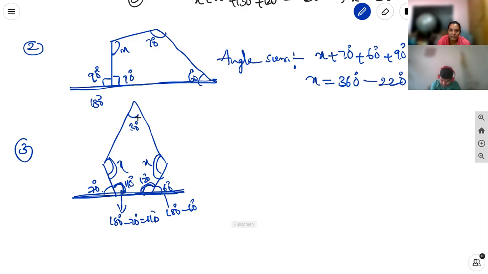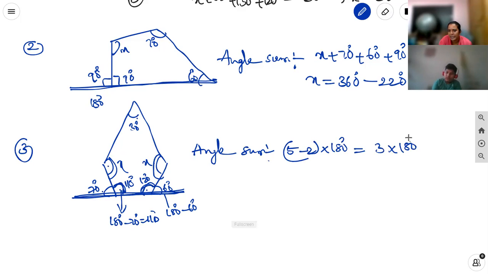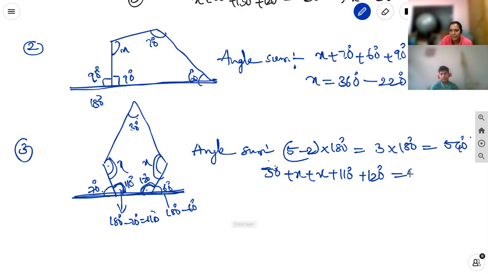Here how many sides are there? 1, 2, 3, 4, 5. Five sides. So what is the angle sum property? For 5 sides, it is 5 minus 2 times 180, which is 3 times 180, equal to 540 degrees. So 30 degrees plus x plus x plus 110 degrees plus 120 degrees equals 540 degrees.